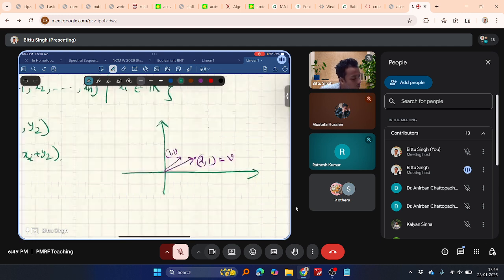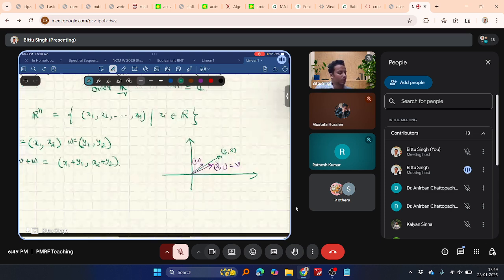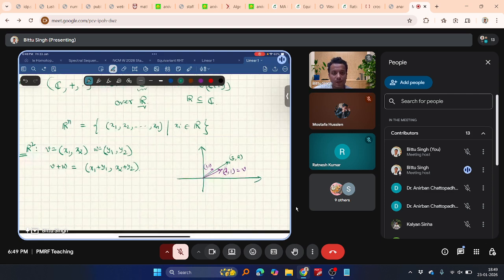From 2 comma 1 we start this 1 comma 1 vector, we just shift the origin, so that their sum becomes this 3 comma 2. So we are doing nothing but pointwise addition, coordinate-wise addition.